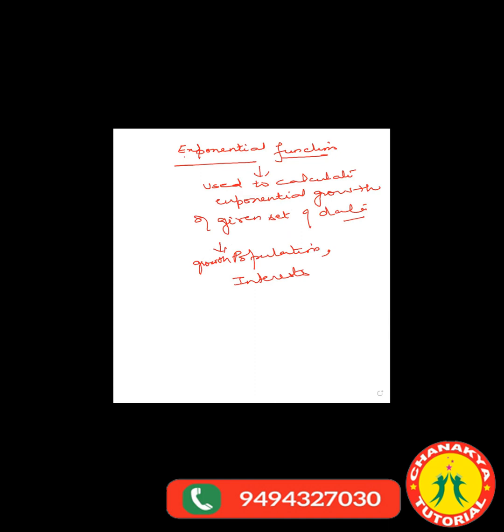So, an exponential function is always represented as y is equal to f of x, which is equal to b to the power x, or you can write e to the power x.